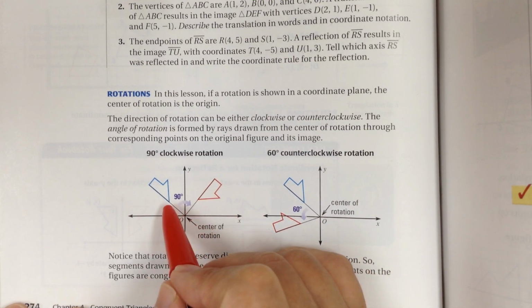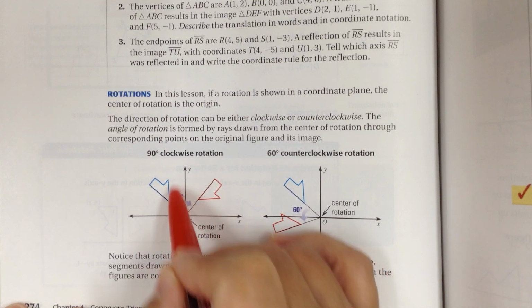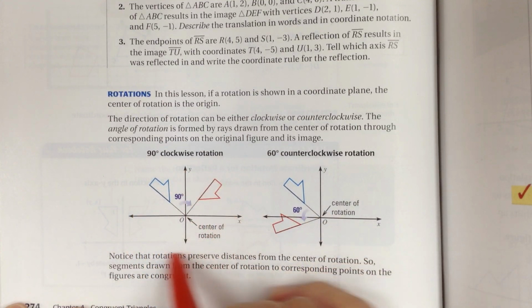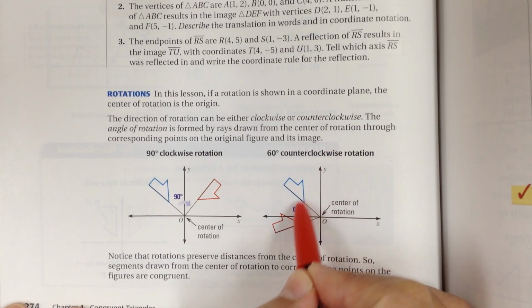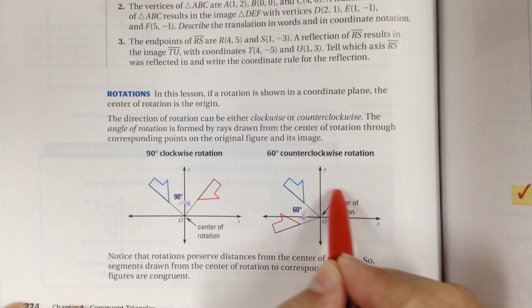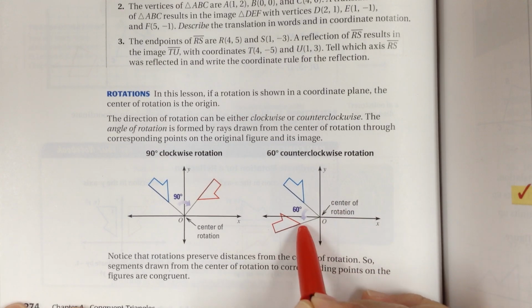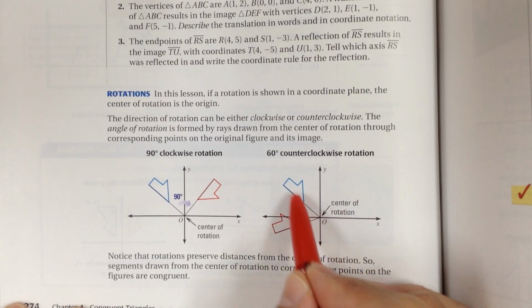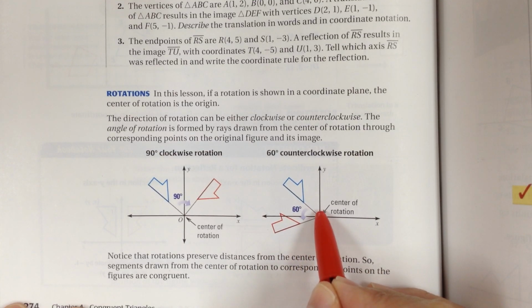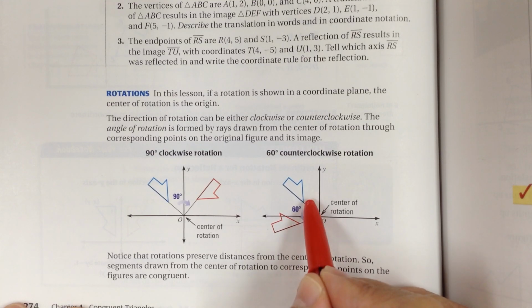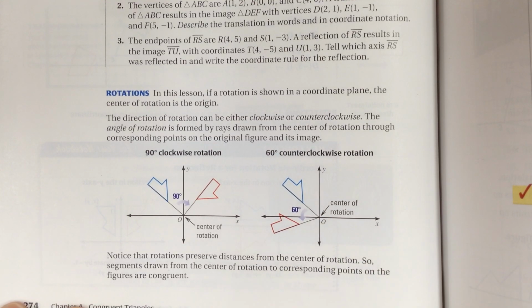So this way is clockwise because that's the way that the hands on the clock rotate. Okay? And counterclockwise means going against the direction of the hands on the clock. Okay? So again, you choose any point, and from here you choose the corresponding point on the image, and you can use a protractor to measure.